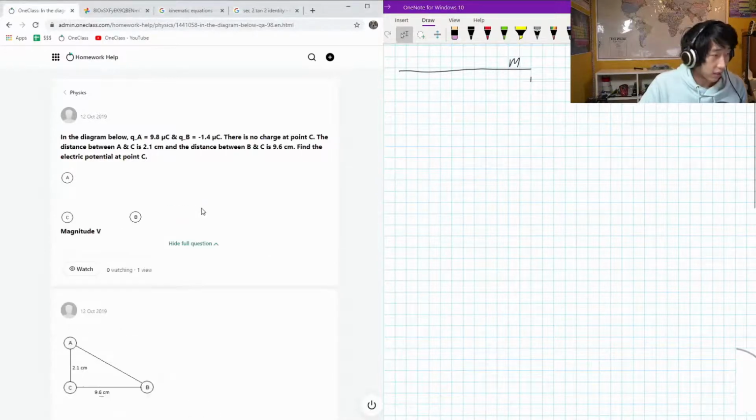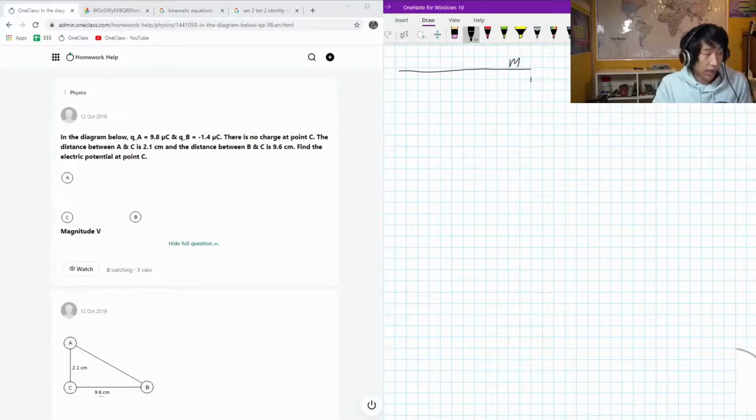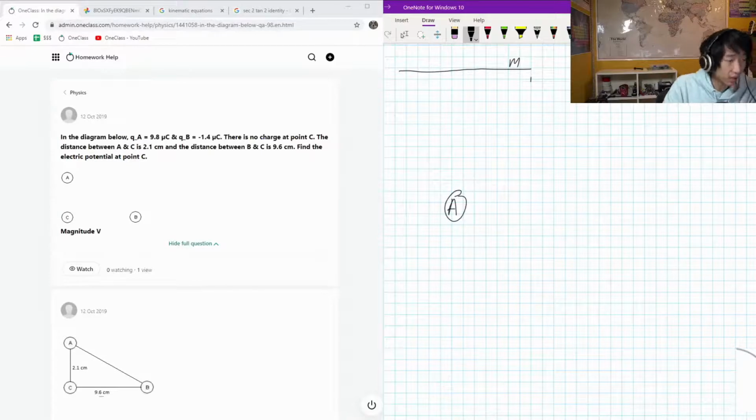Okay, so here we have the next question on the menu today, and it is presenting the situation where we have a triangle where we have one charge like this, charge A, which is 9.8 microcoulombs, which is equal to 9.8 times 10 to the negative 6 coulombs.